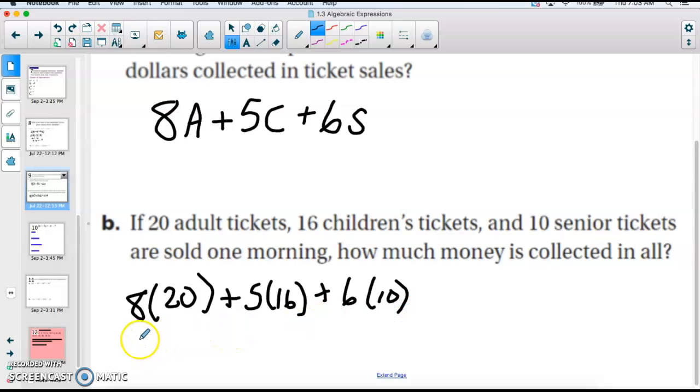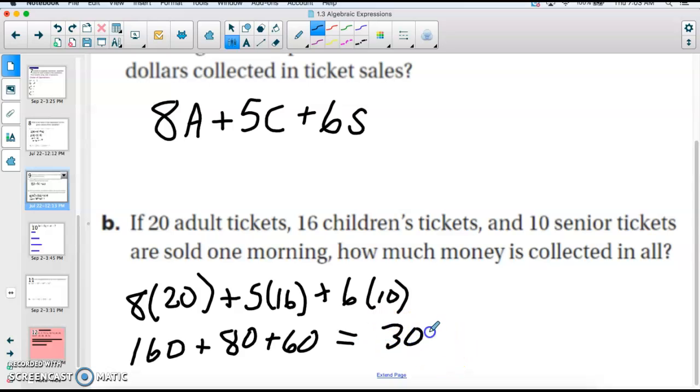Okay, when we multiply this, that's 160. 5 times 16 is 80. And then 60. When we add it all together, we get $300 was collected in tickets.